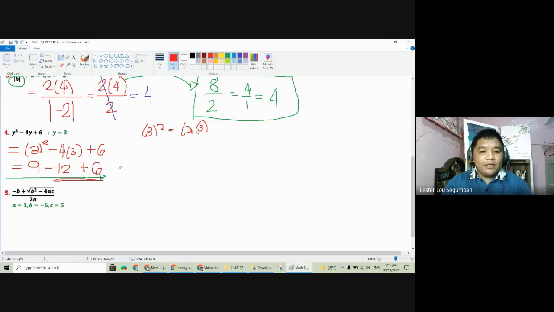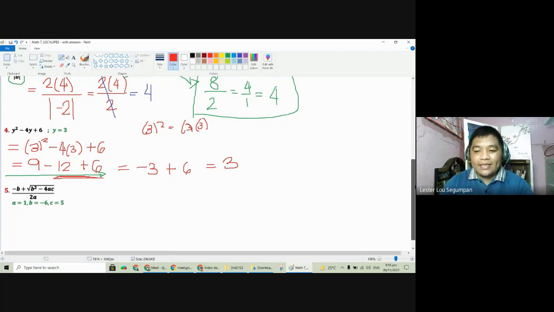That would mean we start first with 9 minus 12, which is negative 3, copy plus 6, and then negative 3 plus 6 is actually equal to 3. So this is now the answer for number 4 if y is equal to 3. If we give another value for y, then definitely we'll have a different result.